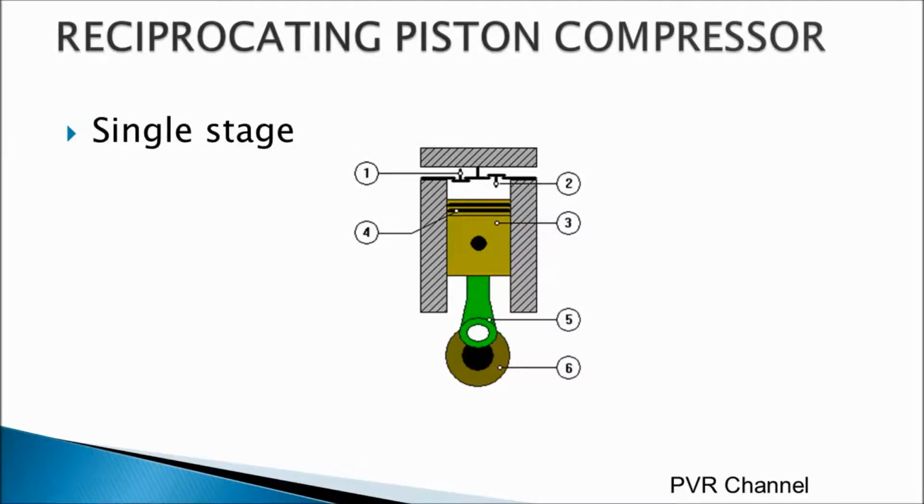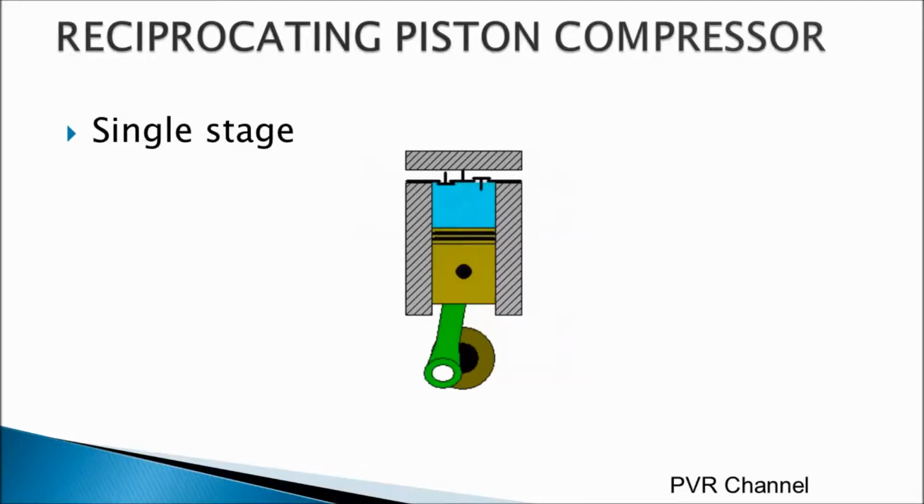When the piston moves downward, there is an increase in volume, thereby a suction is created. Atmospheric air from outside enters the chamber through the inlet valve, and when the piston moves upward, automatically the inlet valve will be closed and the outlet valve will be opened, thereby the compressed air goes to the air tank or the air receiver. Let us see the animation in the next slide.